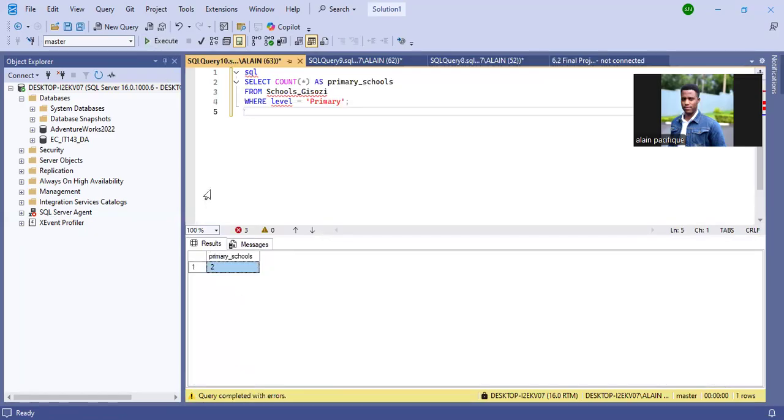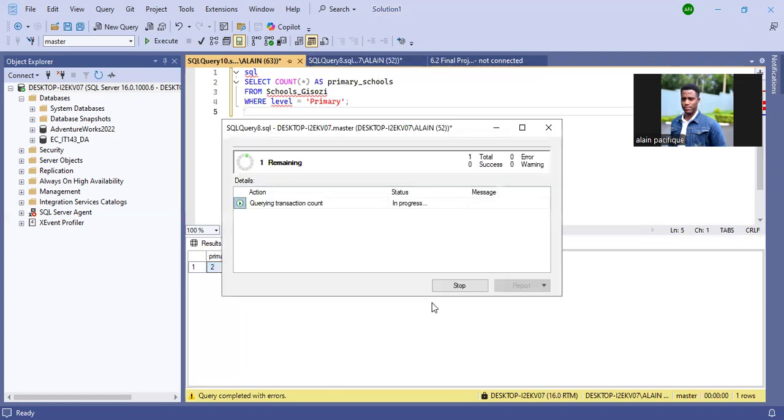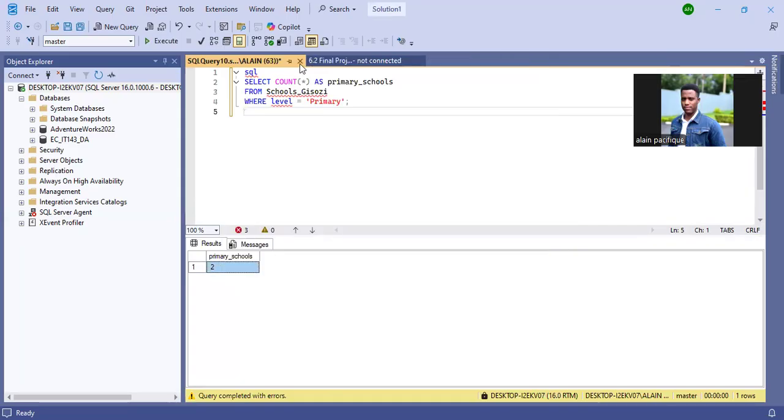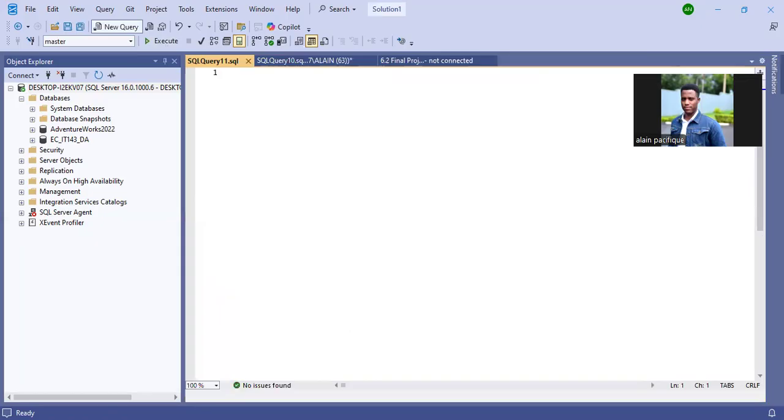Here the result shows the primary schools are 2. I'm closing the query I have used to avoid too many queries.